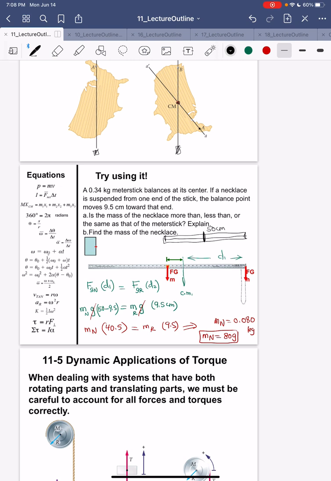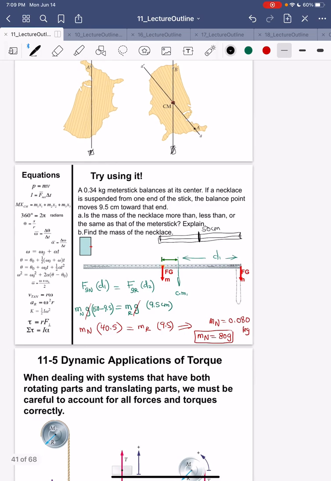Then I will say the mass of the necklace times g times (50 minus 9.5) should equal the mass of the ruler times g times 9.5 centimeters. And from that, I can find that the mass of the necklace should be 0.080 kilograms, which is 80 grams.